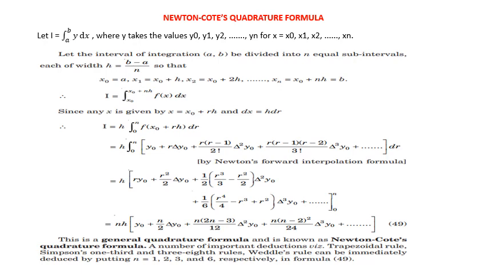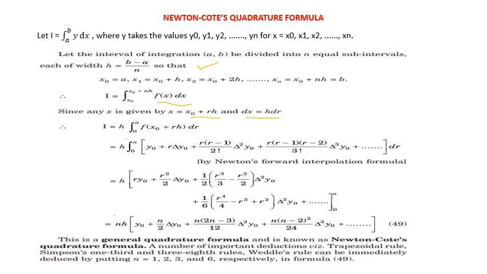So let us start studying Newton's Cotes formulae. Now here what you find is that h is the interval given by (b minus a) by n, and f of x can be written as f of x0 plus rh, where dx is equal to h dr. H is constant.